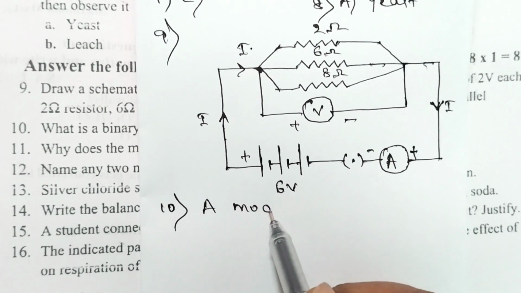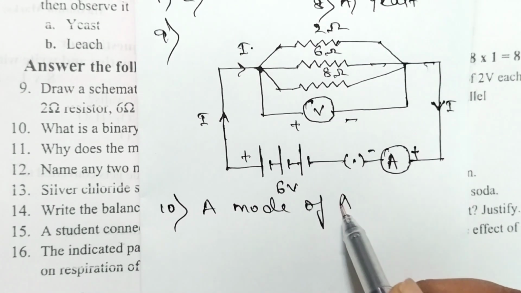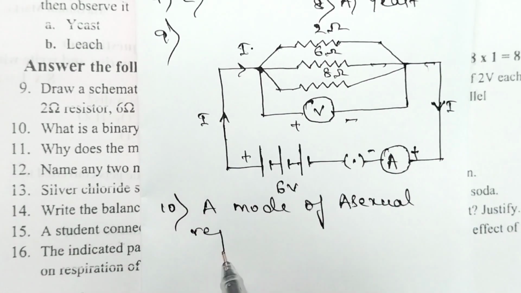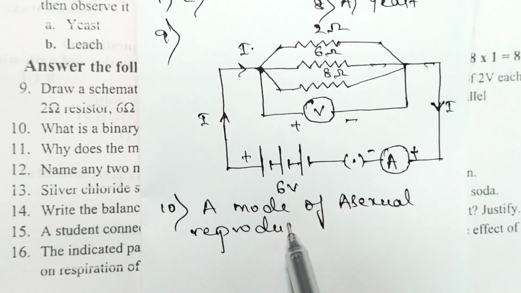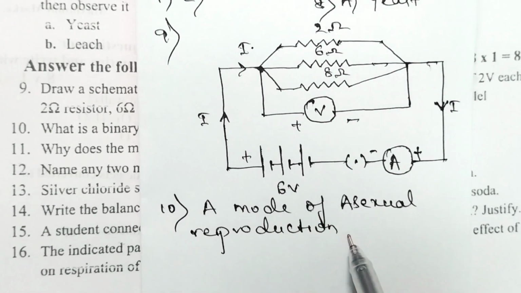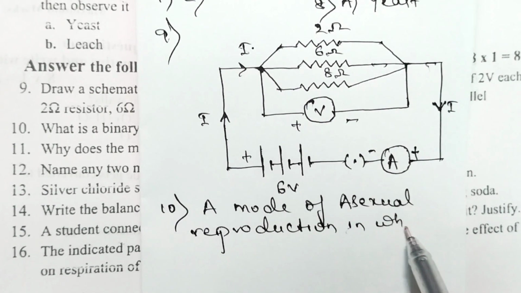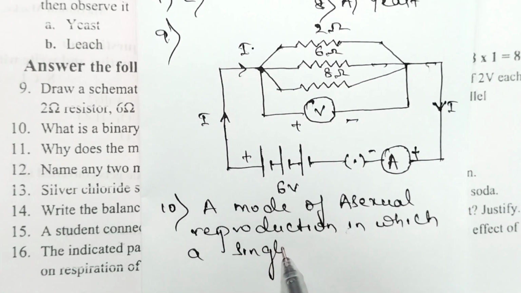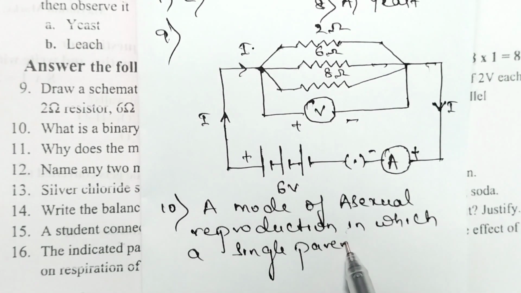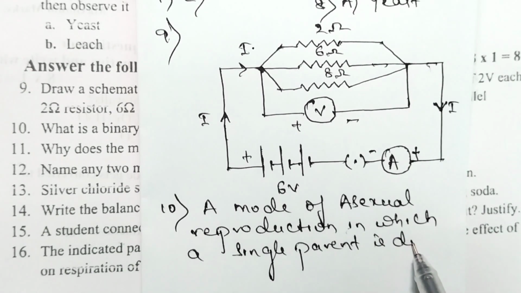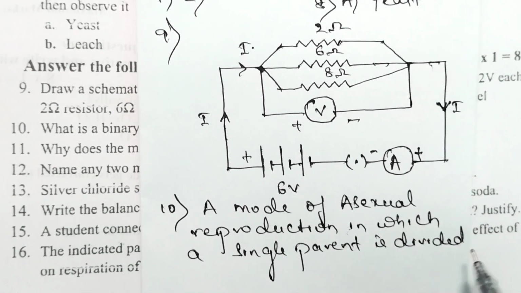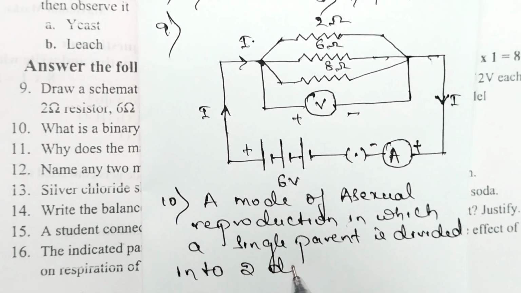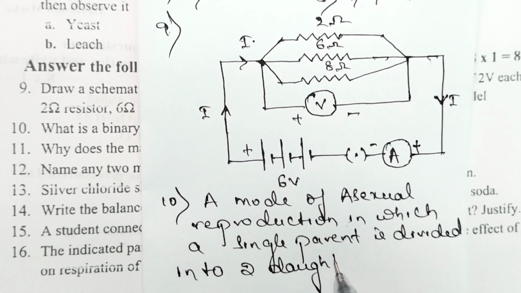A mode of asexual reproduction, in which a single parent is divided into two daughter cells.